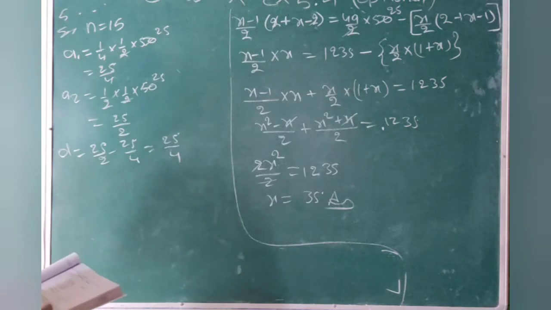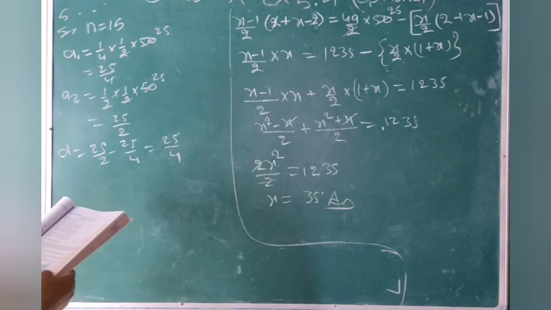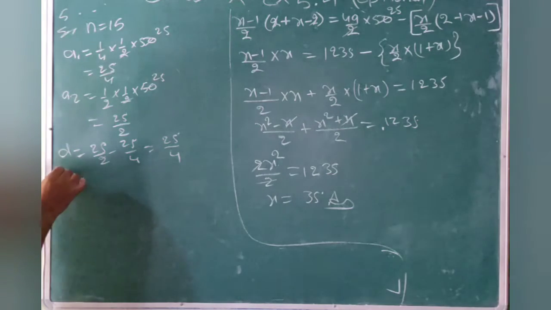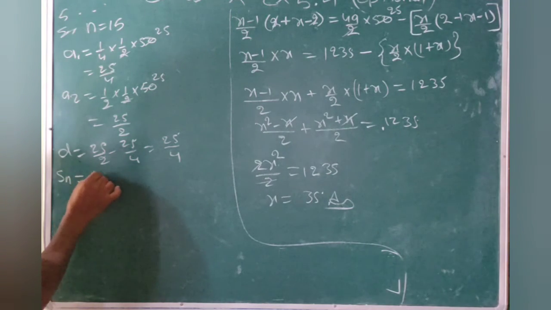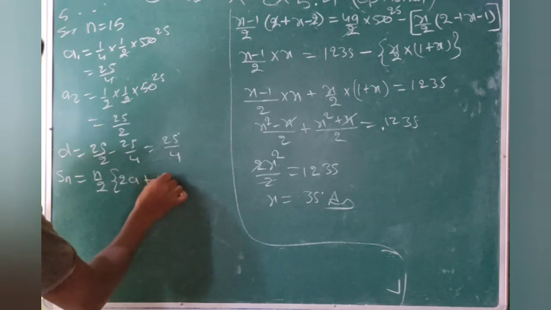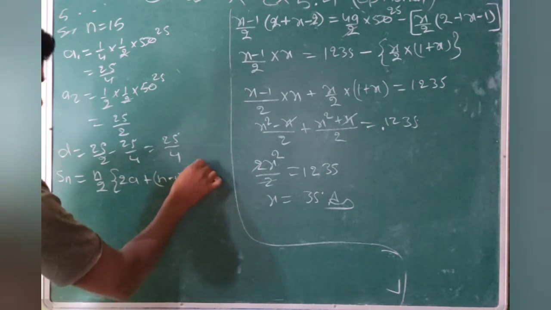Now we'll apply the Sn formula. Sn formula, that will be Sn is equal to n/2 [2a plus (n minus 1) d].